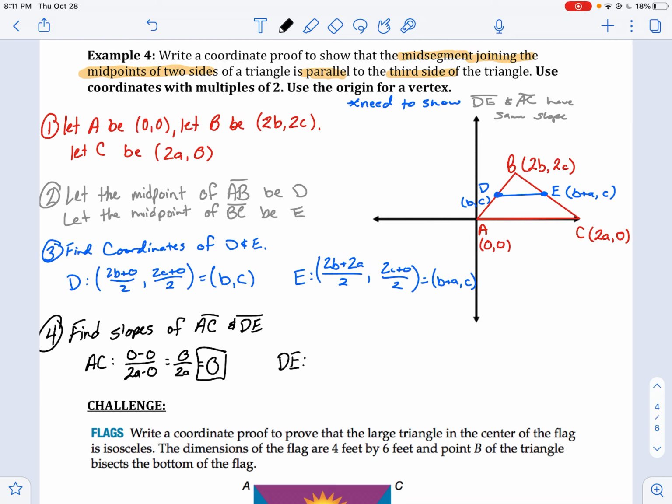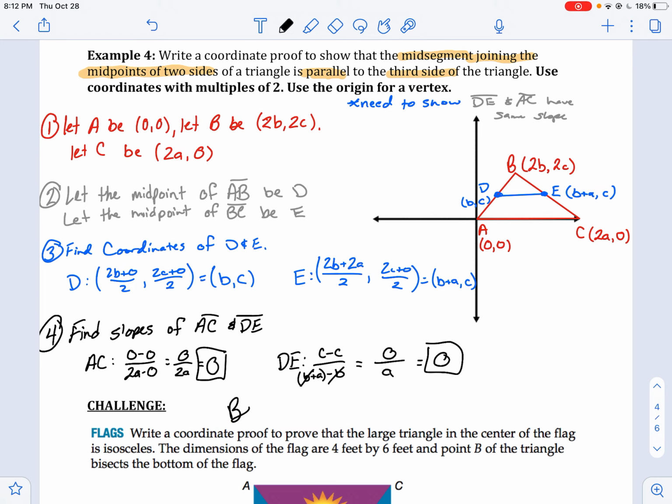DE would be y2 minus y1 over x2 minus x1, which would be C minus C is 0 over A, which is just 0 again.